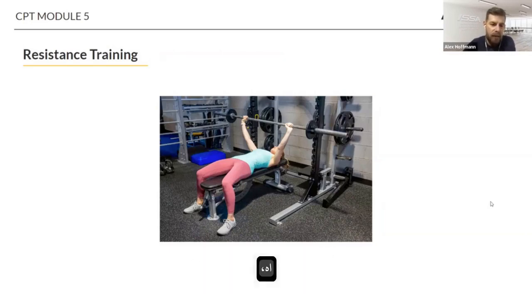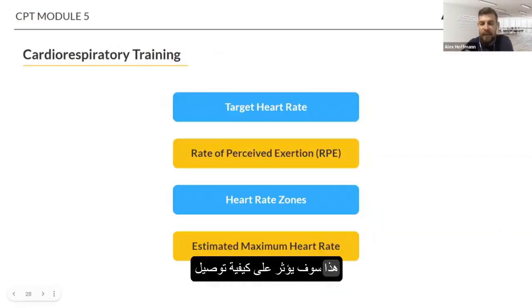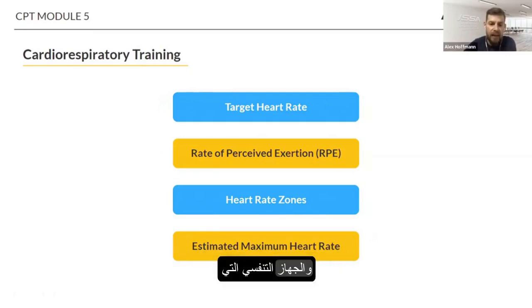Cardiorespiratory training, we've already discussed this a little bit during our assessments here. This is going to impact how the body delivers oxygen to our body tissues. Typically, when we're talking about cardiorespiratory training, we'll use 4 key metrics, which are listed on this slide, to determine what intensity we should be training at or how the body is going to adapt to that cardiorespiratory exercise that we're doing.